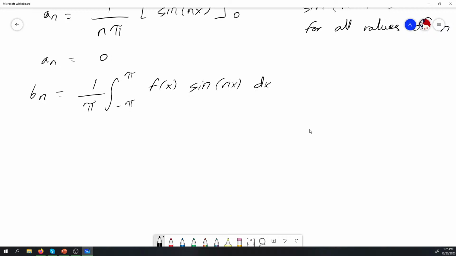If we resolve this, it's 1 on pi between pi and 0 of sine nx dx.